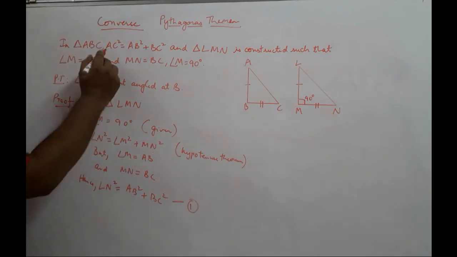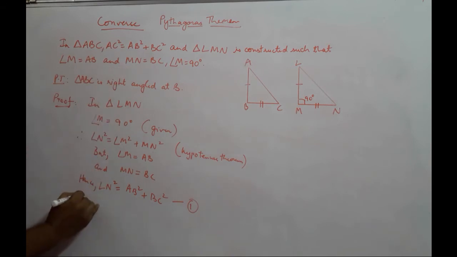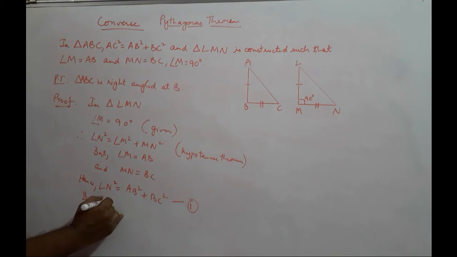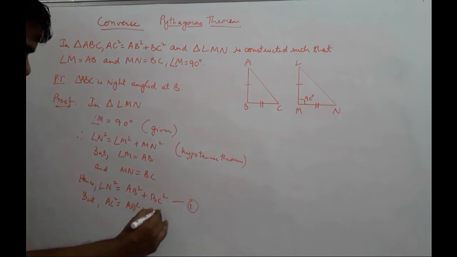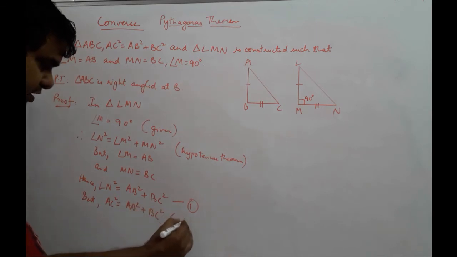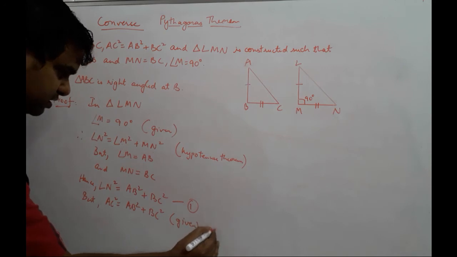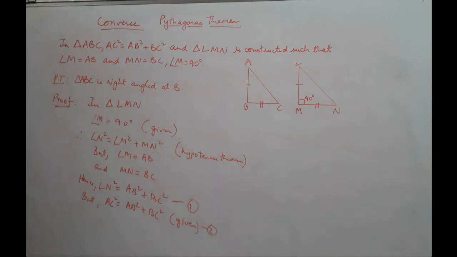But we are also given this, you can say AC square is equal to AB square plus BC square, and that is given, and we'll mark this as 2.